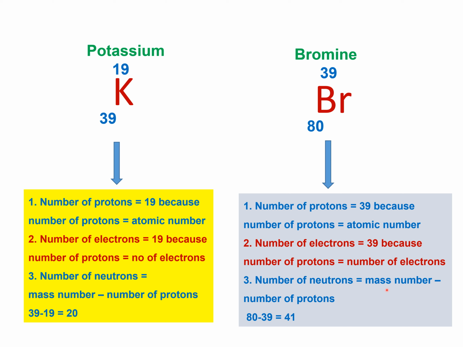So the third one is then to calculate the number of neutrons. So using the formula, number of neutrons equal to mass number minus number of protons. We then have 80 minus 35. So the number of neutrons for bromine is 45.